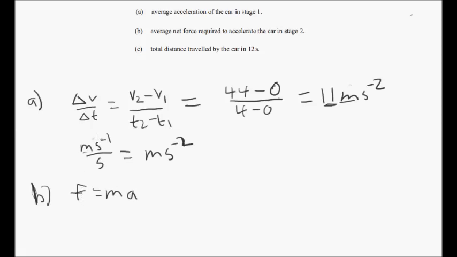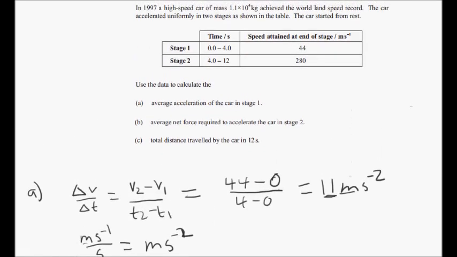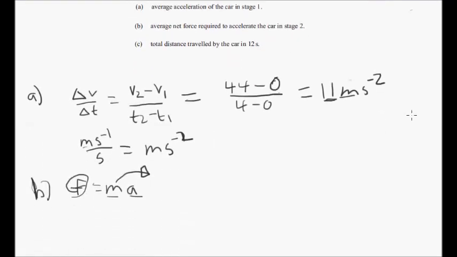And we're doing this because we're asked to calculate the net force to accelerate the car in stage 2. So we have to figure out this and this variable to calculate force. What's our mass? Well, as the question stated, our mass is 1.1 times 10 to the 4 kilograms.